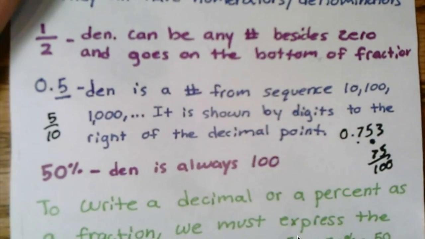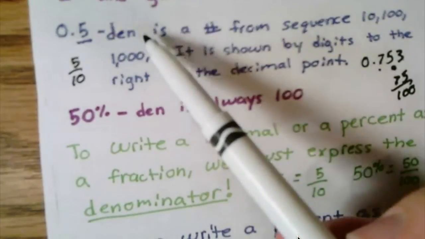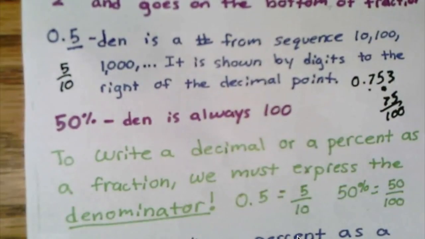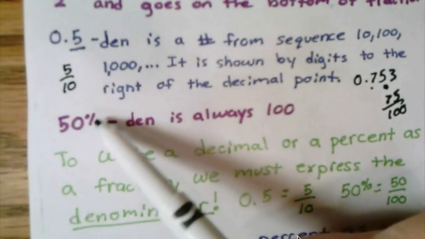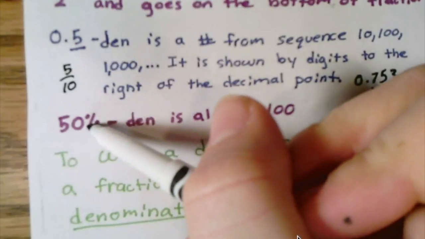Okay, so written as a fraction we know, written as a decimal we know. What about if it's written as a percent? Well, this is the easiest one to figure out because the denominator is always 100. If there is a percent sign right here, remember what this line is?